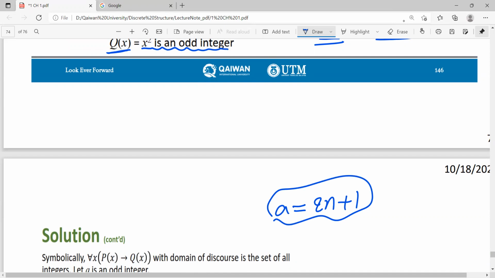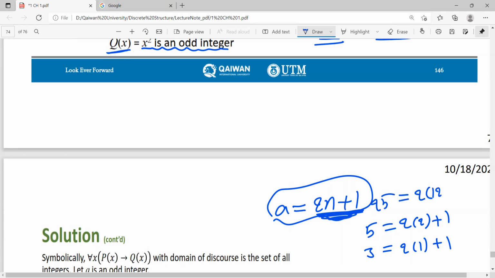Every odd number could be expressed as 2n plus 1. Let's say 5. 5 is 2 times 2 plus 1. 3 equals 2 times 1 plus 1. 25 is 2 times 12 plus 1. We can express all the odd numbers as 2n plus 1.